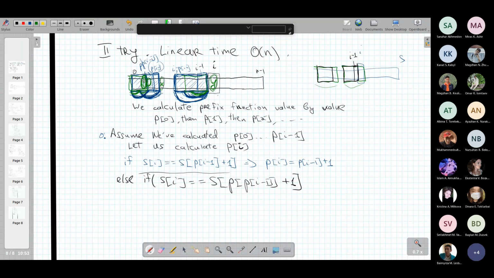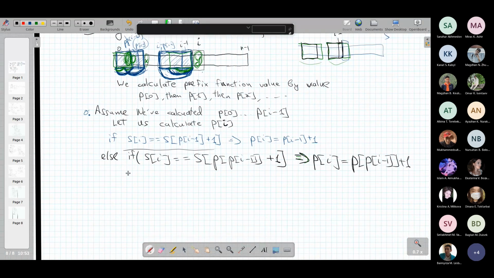So we will find the next position of this guy and compare to I, and so on. Then P of I equals P of I minus 1 plus 1, and so on.